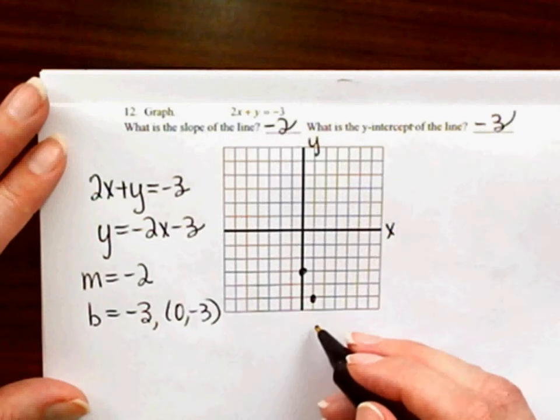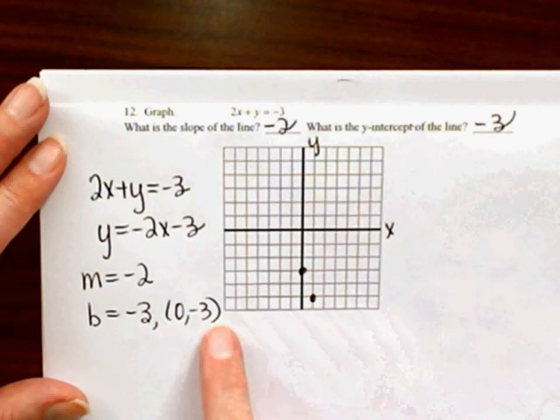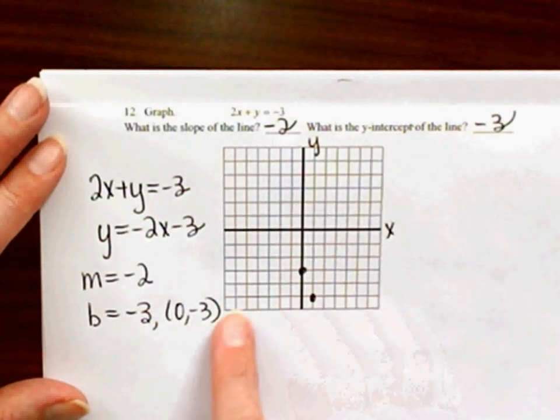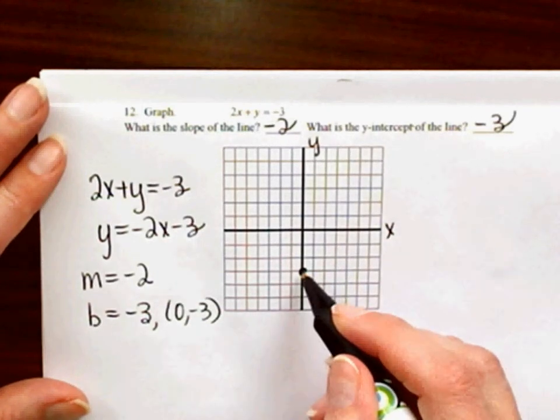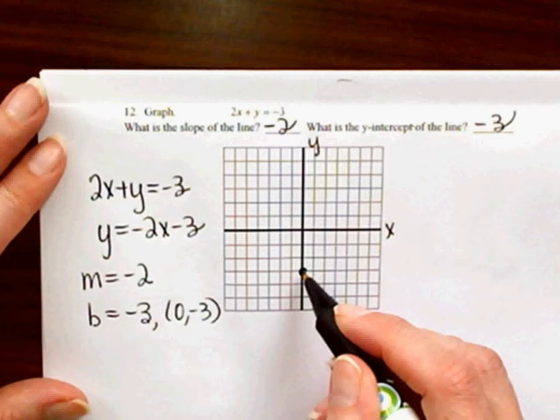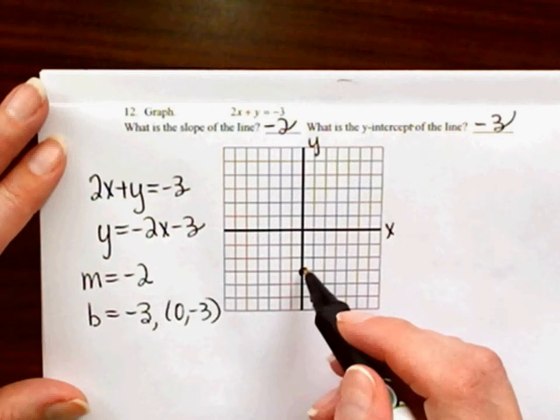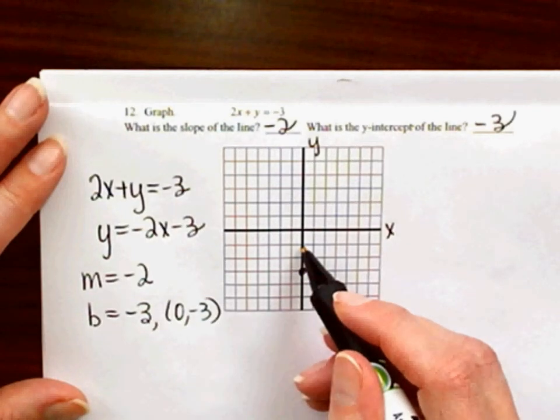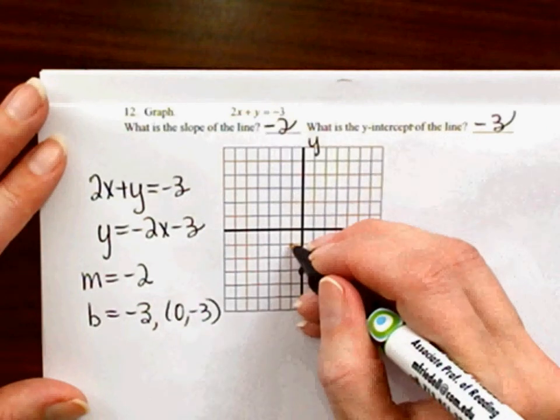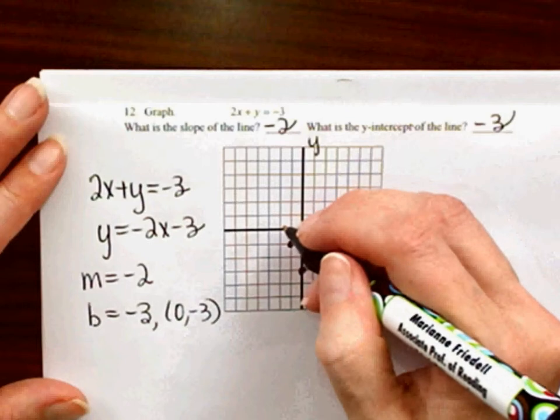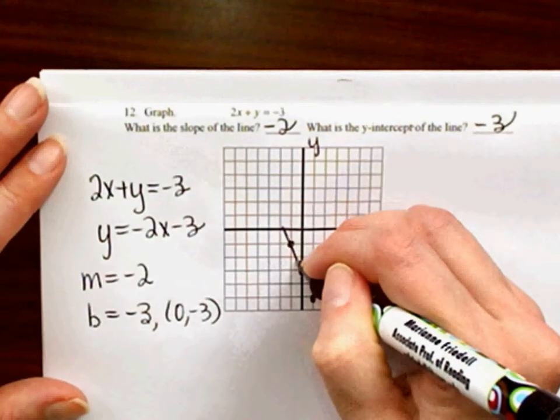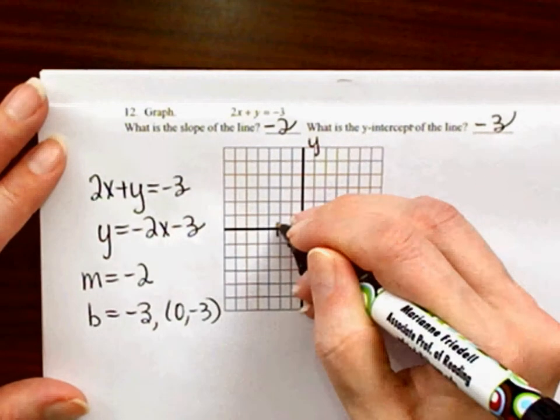Now you want to keep following that pattern, but it's off the grid. So I've got to find another point another way. We're going to think of it as positive 2 divided by negative 1, meaning we're going to go up 2 and to the left 1. Another way to think about it is just going in reverse. Connect the dots, and this would be our line.